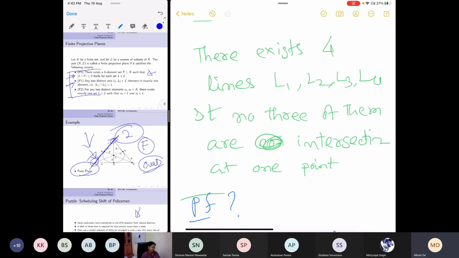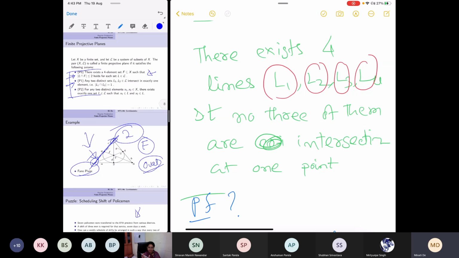If you take the dual of them, meaning you convert these lines into points in your dual, then they will satisfy the property that no 3 of them are collinear. And that's the property which is required.